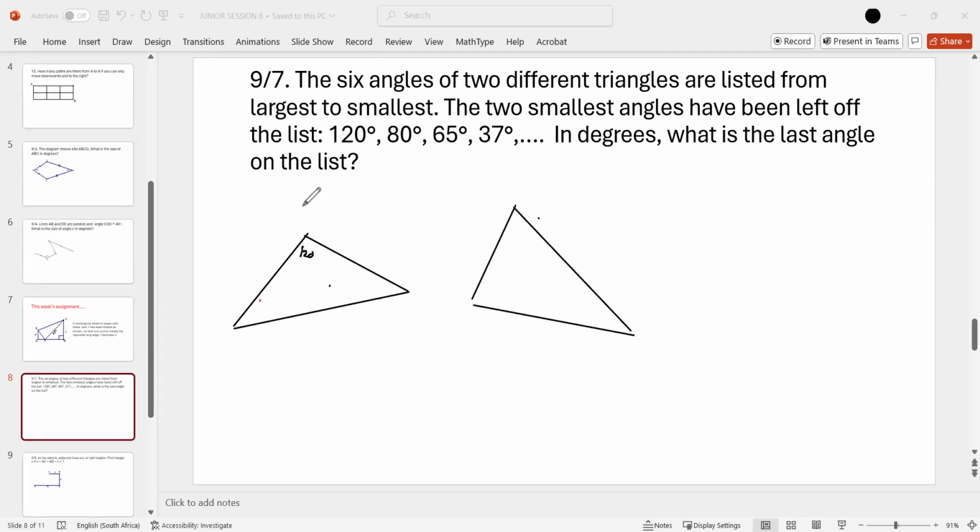You can put your answer in your chat group. Can 80 be an angle in this triangle? You have to tell me why. Nobody?